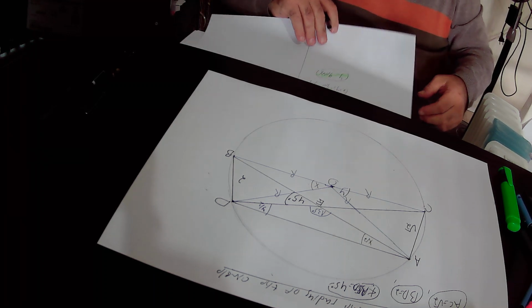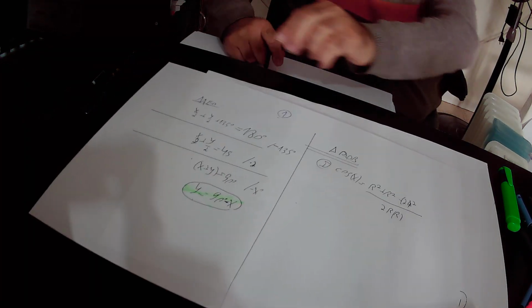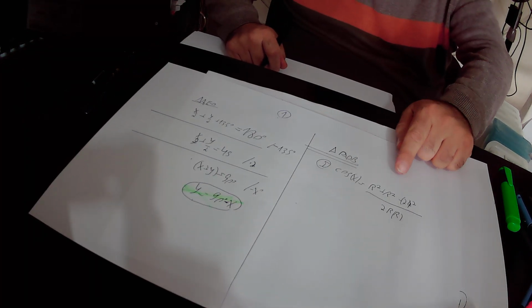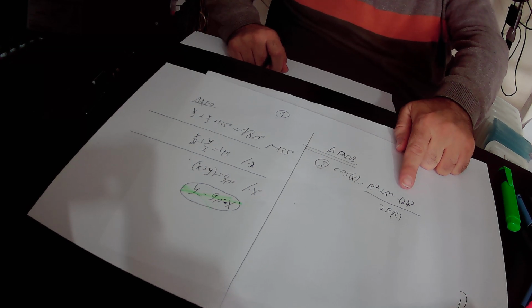Okay, in the triangle here, according to the law of cosines, we get that cosine x equals r square plus r square minus 2 square over 2 times r times r.